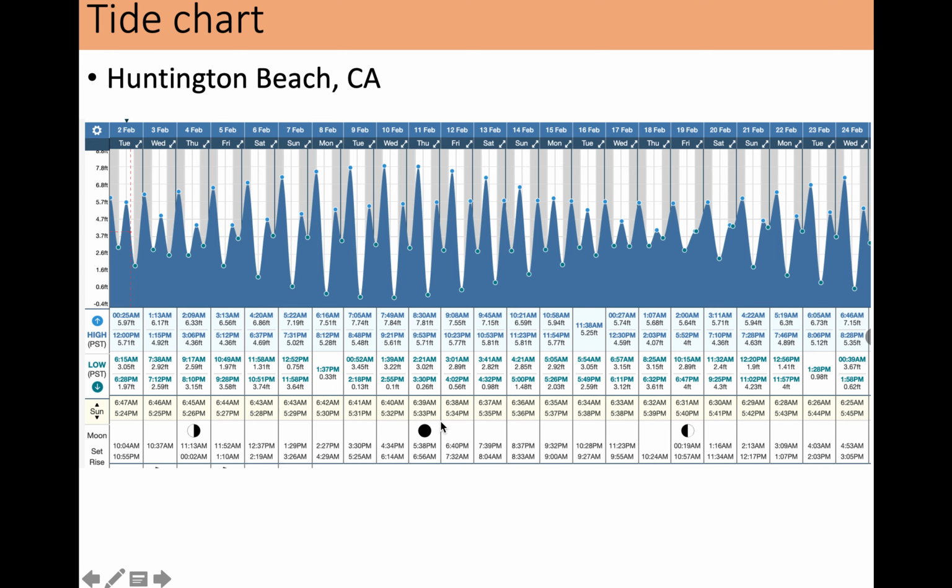Now, where we have the least amount of difference in high tide and low tide is going to be February 4th, 5th, 3rd maybe, and then again 17, 18, 19. This is where we have high tide and low tide that are pretty close together, much less extreme differences than we saw here. And that is due to the fact that that is the time of the quarter moons.